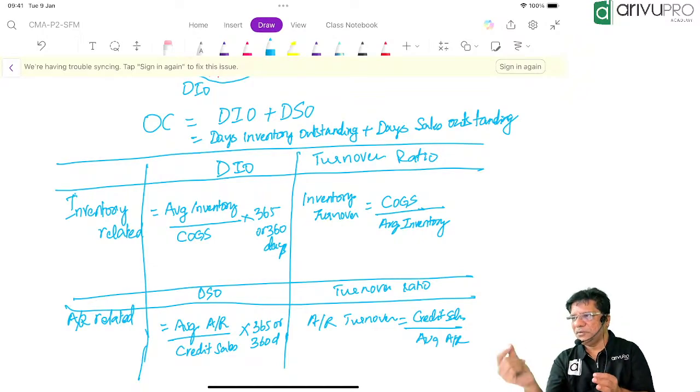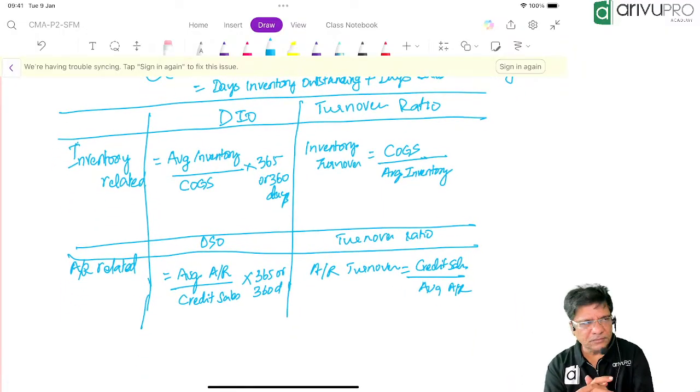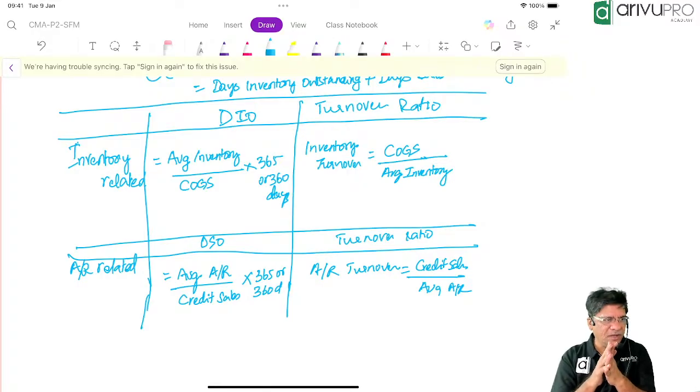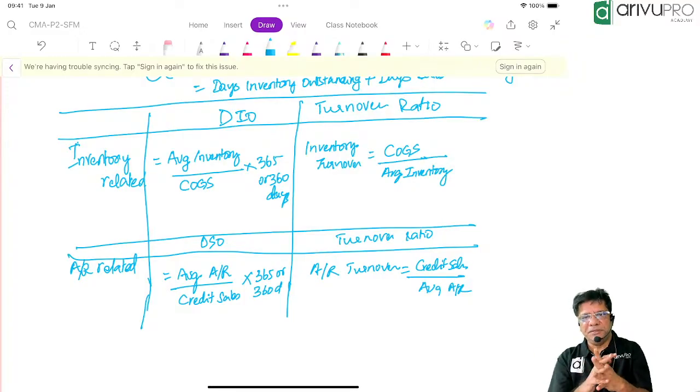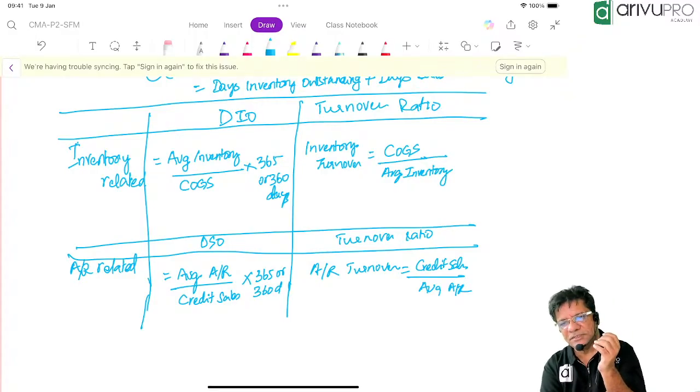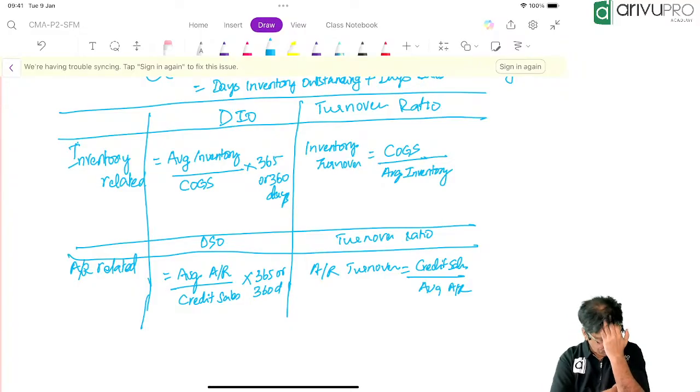That is the link. Now, before we start, now you are all understanding, write down: if the operating cycle is long compared to the industry average, then inventory and AR levels will be definitely high.